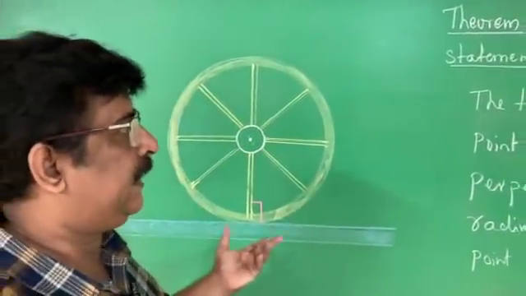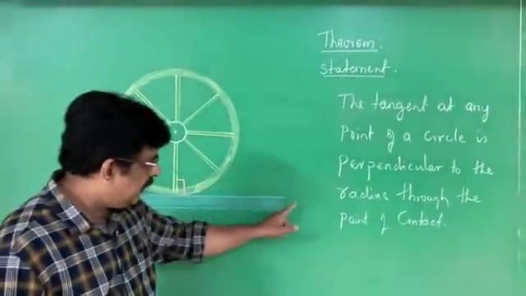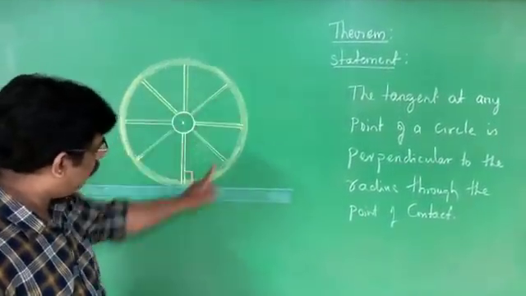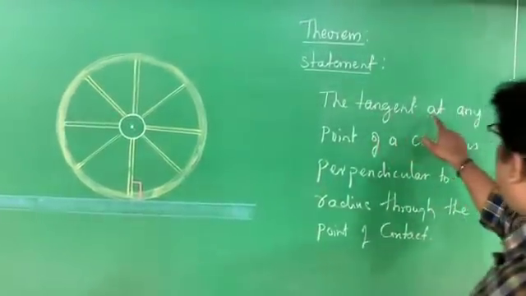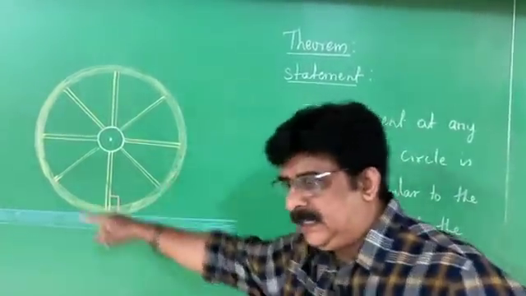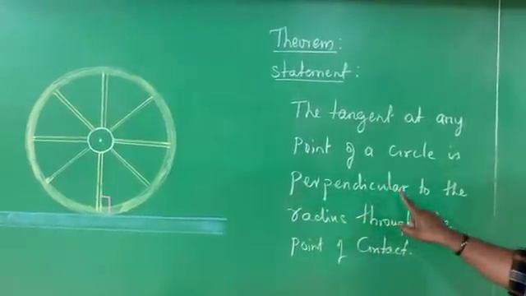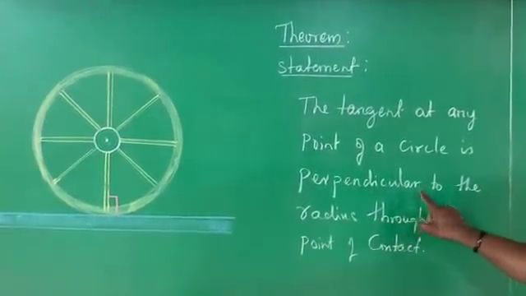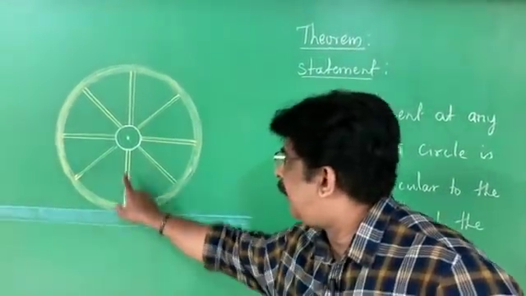The statement is like this: a tangent at any point of a circle is perpendicular to the radius through the point of contact.